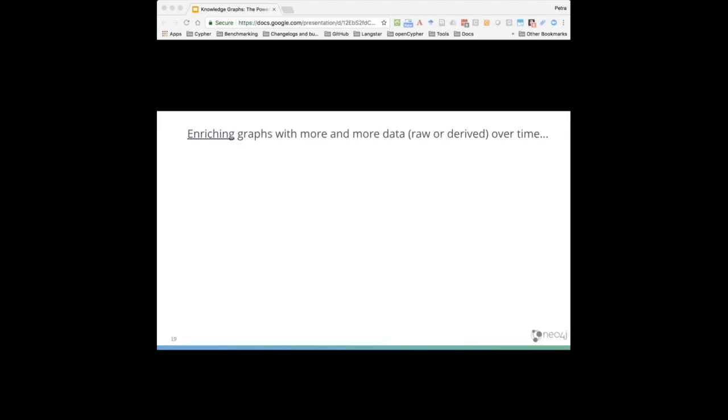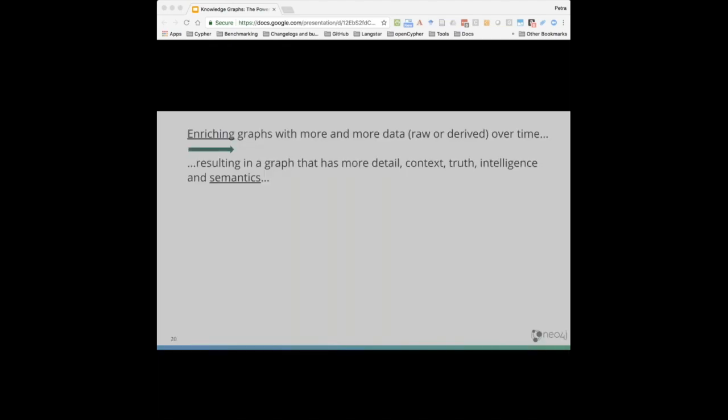I'm now going to give you my take on what I think a knowledge graph is and why it's a useful thing. I'm going to walk you through a few steps. The idea is to enrich graphs with more and more data, raw or derived, over time. What this gives you is a graph that has more detail than the original graph, more context, i.e. maybe there are richer connections that have now come to the fore or that have been added, and more truth.